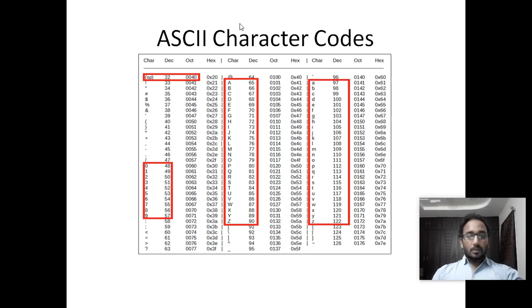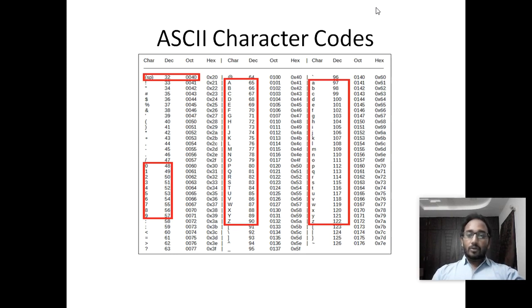To convert any uppercase character to a lowercase character, we just add 32 to the present ASCII value. Suppose the ASCII value of A is 65; if you add 32, you will get the lowercase character.